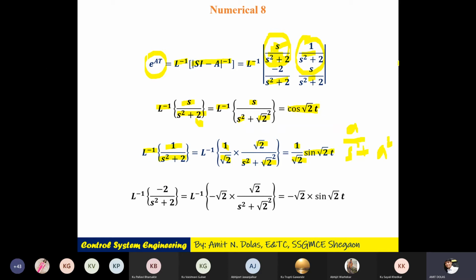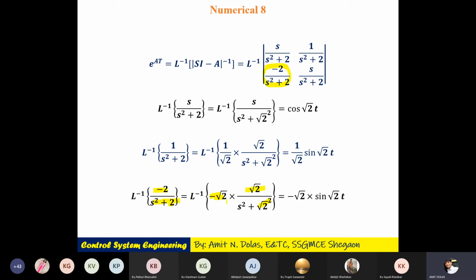Let's go for the third. Only one is left. Very easy, no need to even explain this. So for this one, again I want some standard form. I have separated this 2 into root 2, and this 2 is nothing but root 2 square.